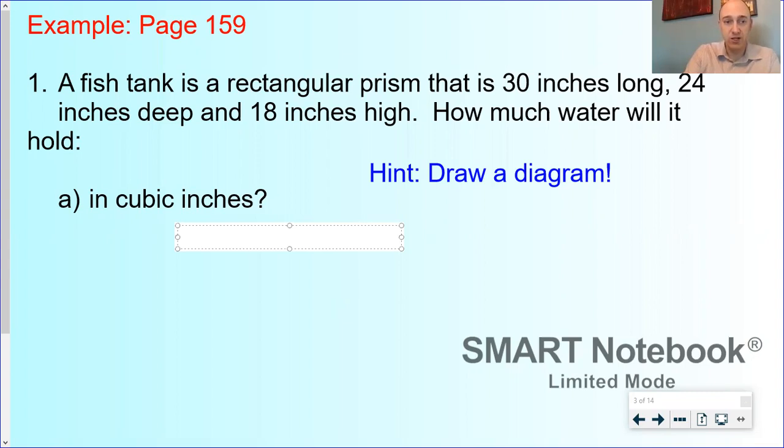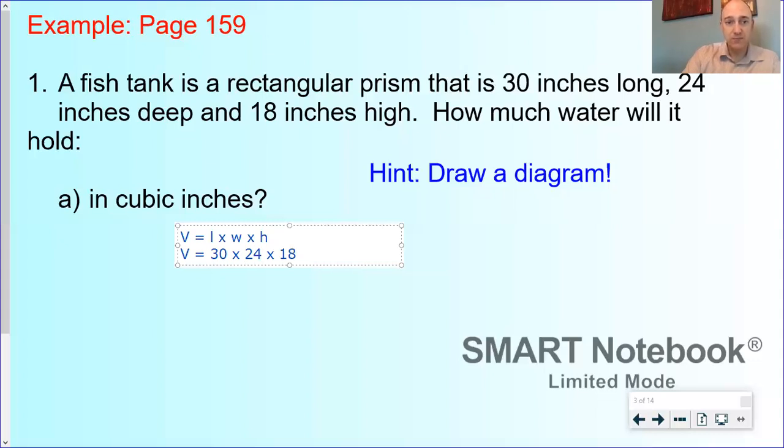Sorry, let's start with volume equals length times width times height. So volume is going to be equal to the length, 30 inches, times 24. Now this says depth, and we're using width instead. It means the same thing.